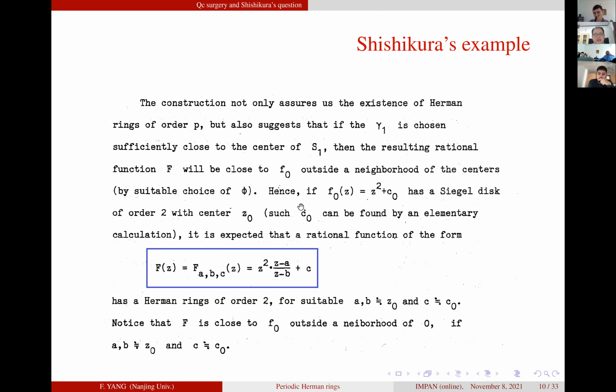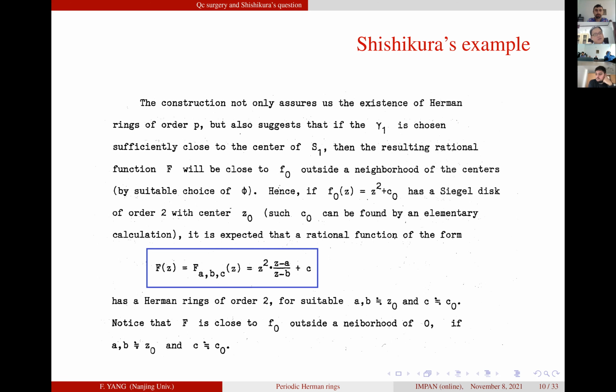So he thinks if f0 is equal to the quadratic polynomial c squared plus c naught with period 2, it is expected the resulting rational map has the following form: c squared times (c minus a) over (c minus b) plus c, where c is very close to c naught, and a and b are very close to the center of the Siegel disk, and then the big F is very close to F0 outside a neighborhood of 0.